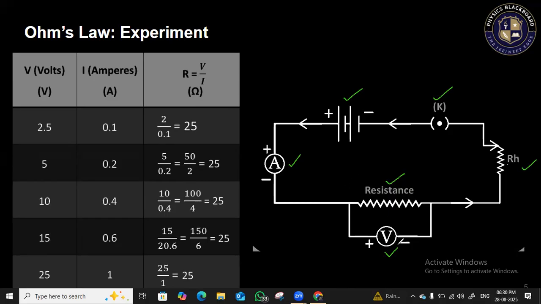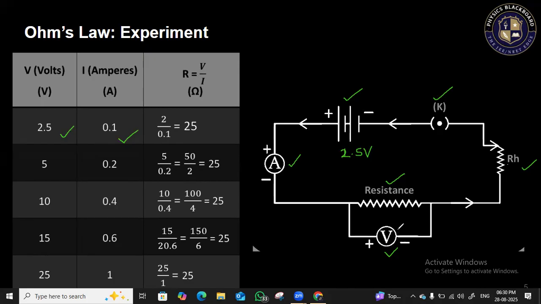Now, the battery connected here is a 2.45 volts battery. In the first case, the potential difference maintained across the resistor in the circuit is 2.5. Now, let's take a reading from the ammeter, that is 0.1.